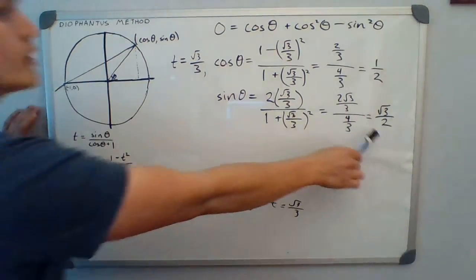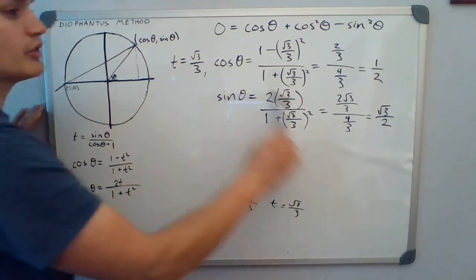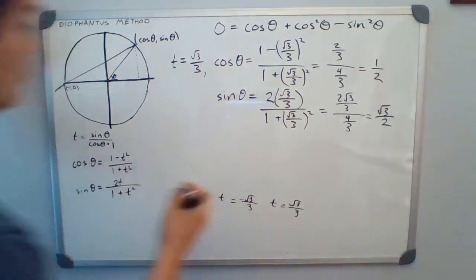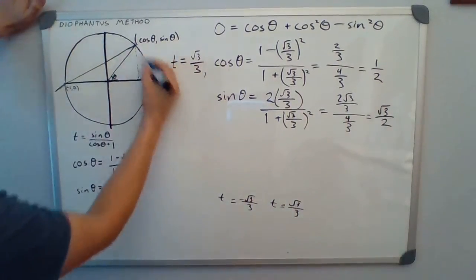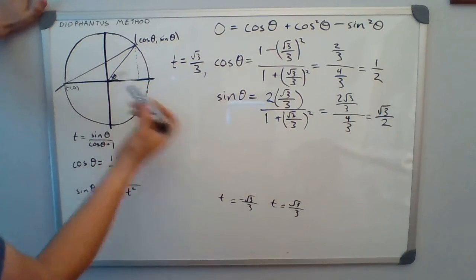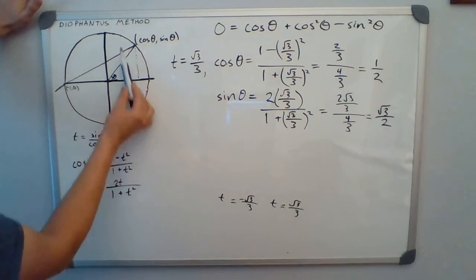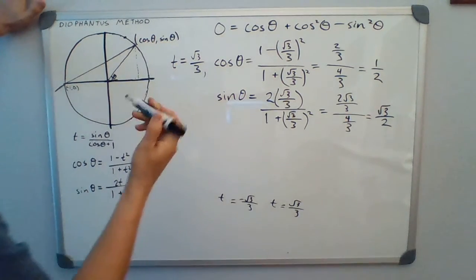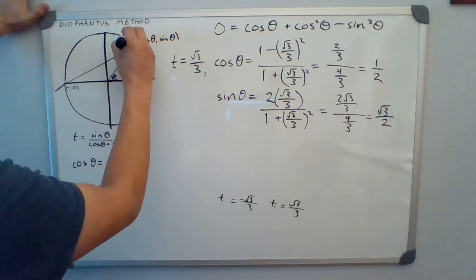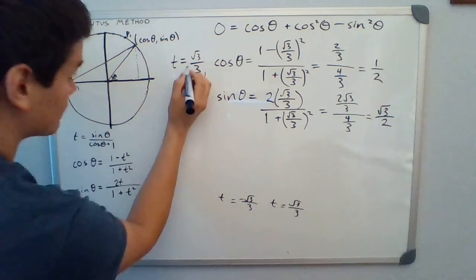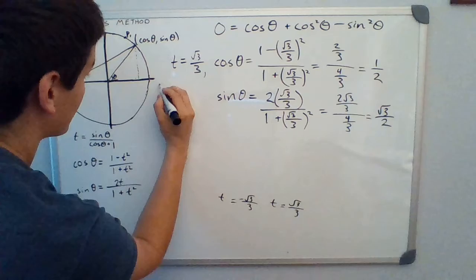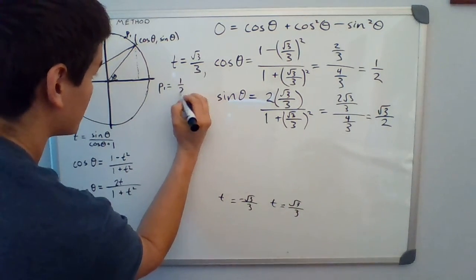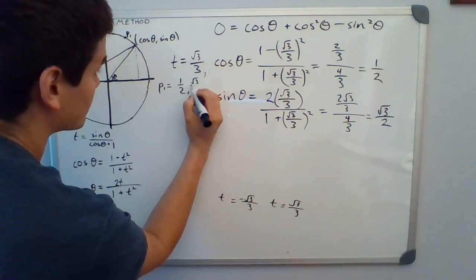Alright, so we know cosine theta, sine theta is going to be 1/2, square root of 3 over 2. So that's one point along this curve that I know is going to give us a solution, so it's going to be the point right here. So let's say that's P1, that's our solution. For t equal to square root of 3 divided by 3, we have 1/2, square root of 3 divided by 2.